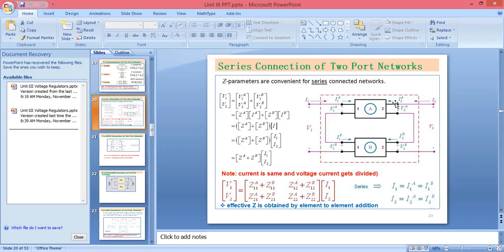For the output port of port A, the incoming current is I2A and the outgoing is I2A dash. The voltage across the input of port A is V1A, and the output voltage across the output terminal for port A will be V2A.